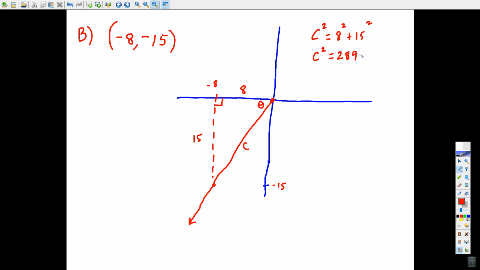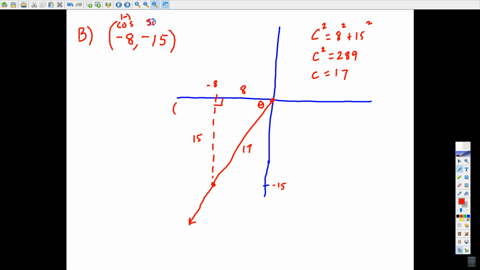And you do the square root of 289. Grabbing my calculator here, square root of 289, and that is 17. So C measures at 17. That's the hypotenuse. And now that we have all of our sides labeled, we're now able to do all of the trig ratios. But you've got to be careful, because remember, in quadrant 3, since both x and y are negative, that means cosine, which corresponds to x, is negative.